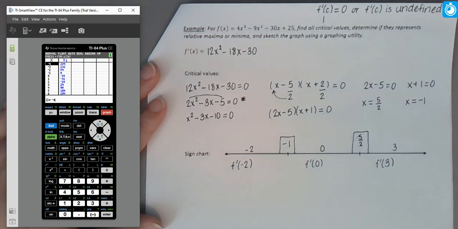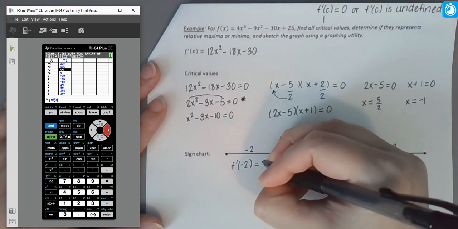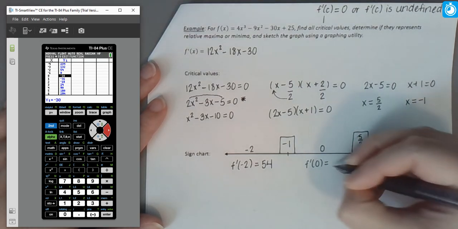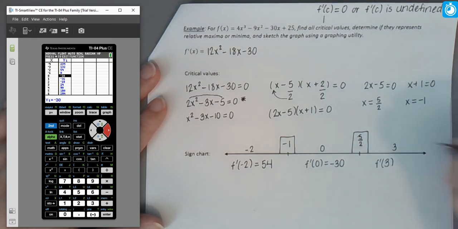So f prime of -2. Okay, so there's x equals -2. Notice the associated y value is 54. Okay. Now what about 0? So if we go to 0, f prime of 0 is -30. And then f prime of 3, positive 3, is going to be 24.